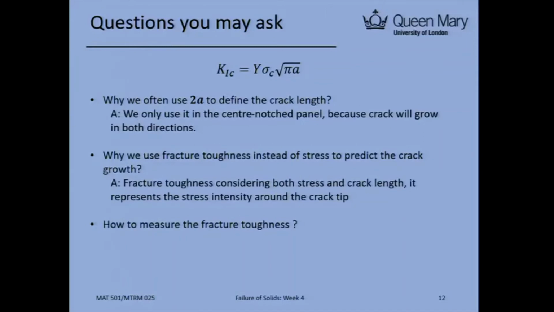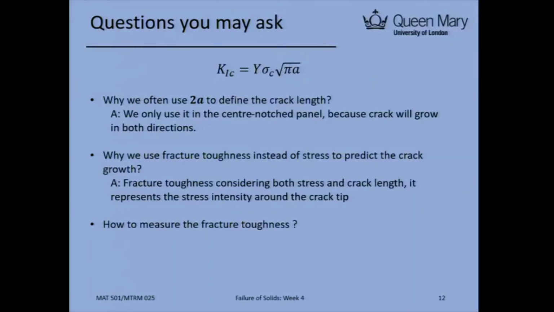And how to measure the fracture toughness? We know how to measure the yield strength with the dog-bone specimen. Just apply uniaxial loading on the specimen. But how to measure the fracture toughness? Think about that. And again, look at the equation. You need to think about the remote stress you applied.